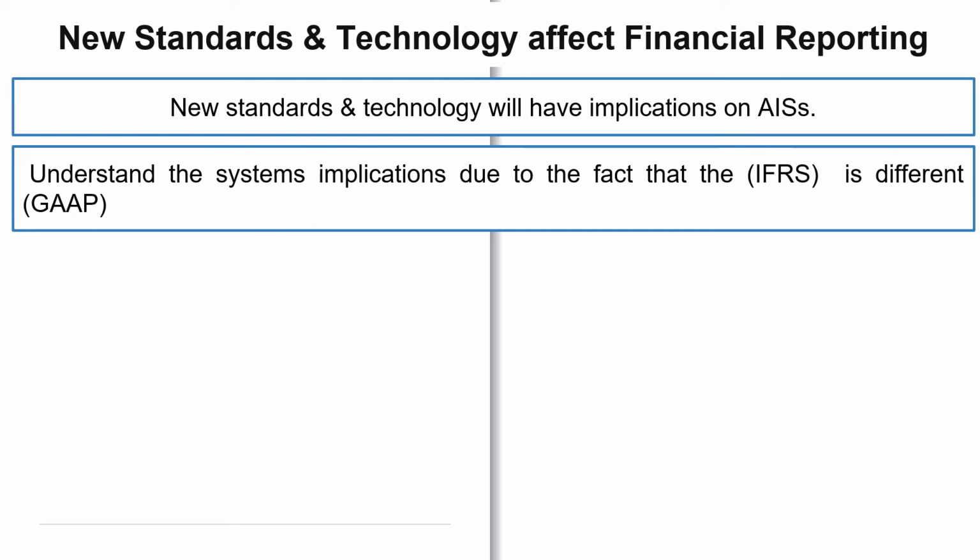Understanding the systems and implications is important due to the fact that IFRS is different from GAAP. We need to understand that because IFRS is mainly for the financial reporting process. IFRS is the international framework of reporting standards, whereas GAAP is generally accepted accounting principles.